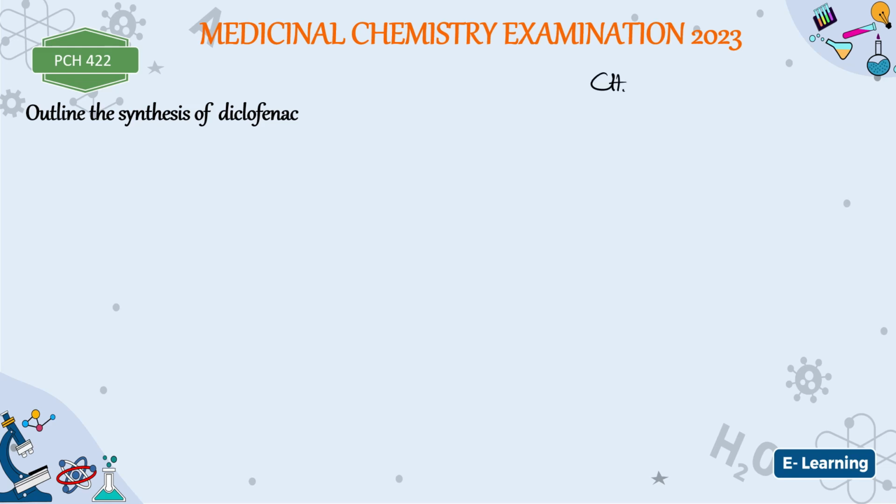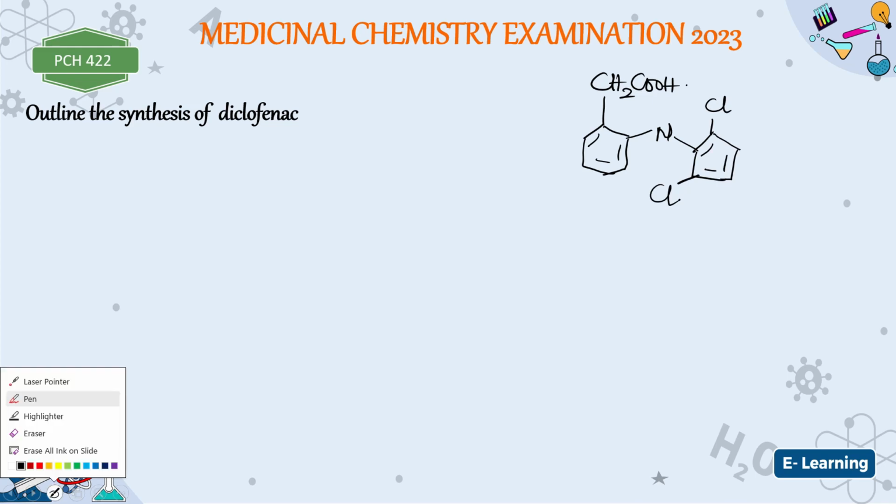So it's something like the CH2COOH. There you have the benzene ring, make it aryl acetic derivative, and then you have this other benzene ring here. Then you have Cl. This is the structure of diclofenac.